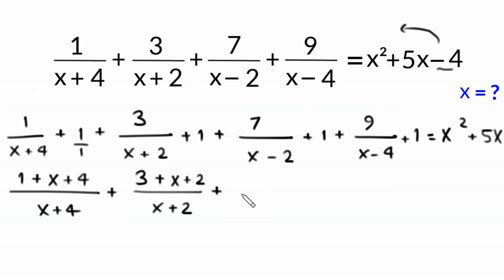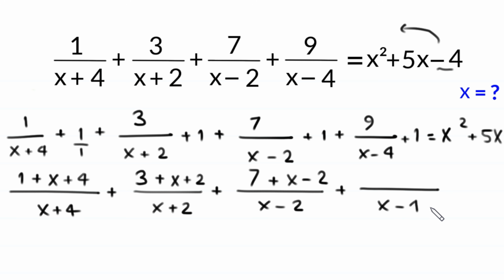The LCM is x minus 2. This 7 will come here and x minus 2, plus x minus 2. Plus the LCM is x minus 4 and this 9 will come here, plus x minus 4, equal to x squared plus 5 times x.